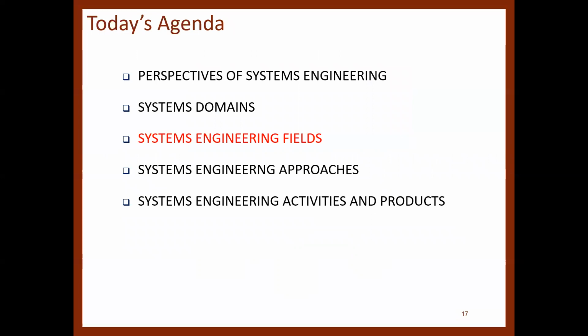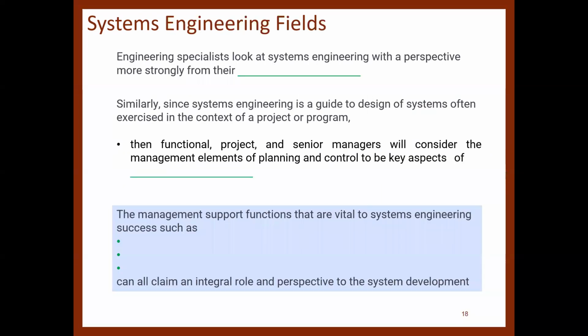So now let's talk about some systems engineering fields. Engineering specialists look at systems engineering with a perspective more strongly from their engineering discipline. And we mentioned this in our first few lectures. Similarly, since systems engineering is a guide to the design of systems often exercised in the context of a project or program, functional project and senior managers will consider the management elements of planning and control to be key aspects of system development.